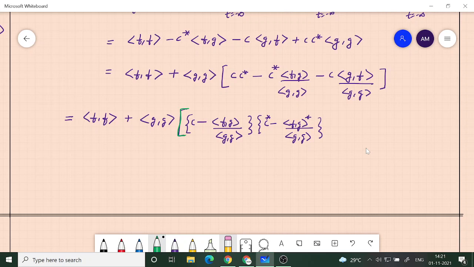The first term is C star, and then C multiplying minus C F comma G, the whole star, is G F divided by G G. Then the second term I multiply is minus C star F comma G divided by G G, and the last term is not present here.